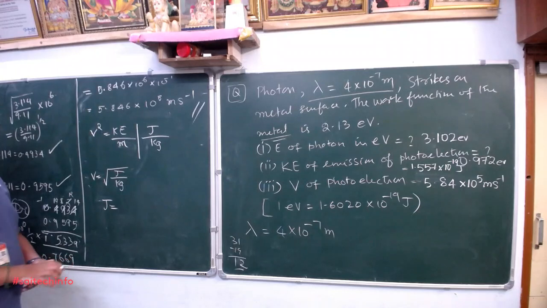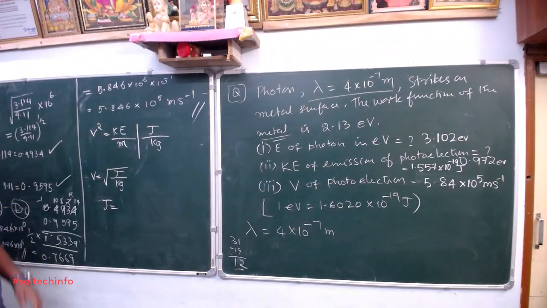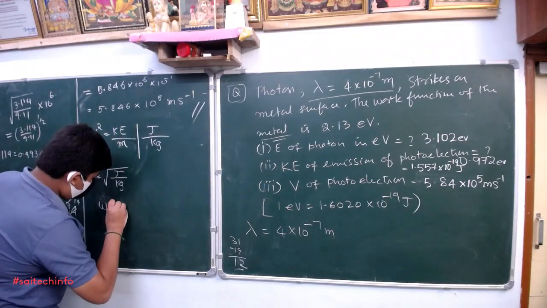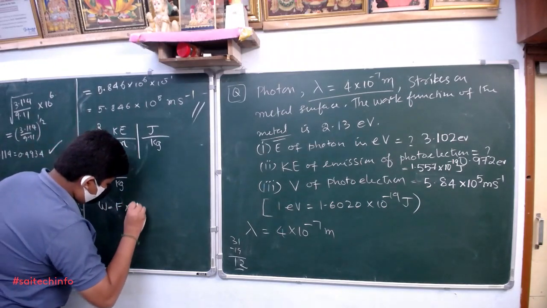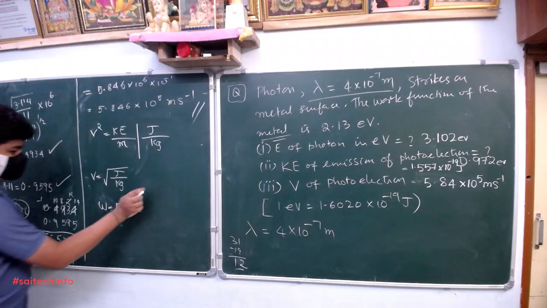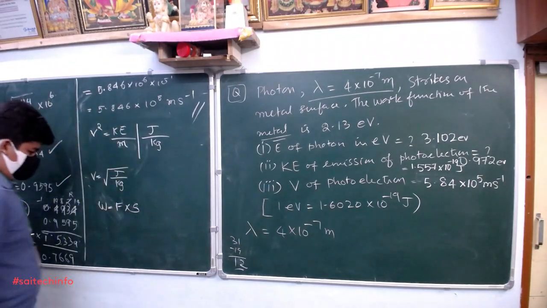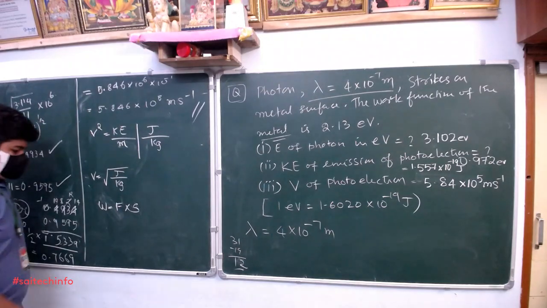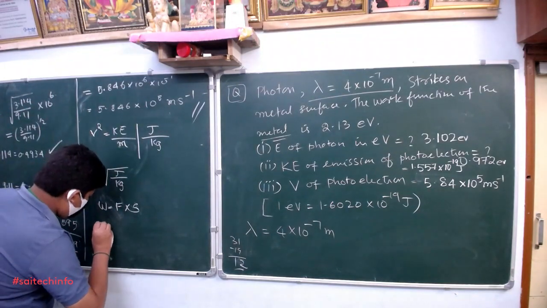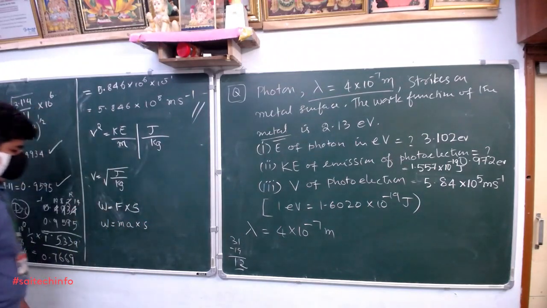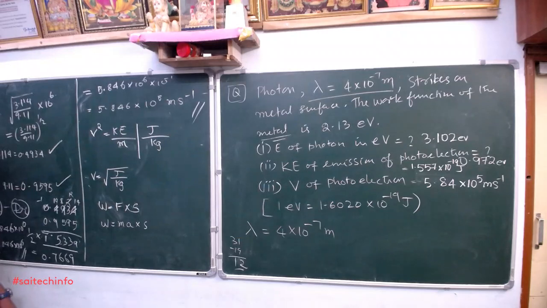So work done means what? Force into displacement. Okay, so work done, W is equal to force into displacement. Right? And displacement is S. And what is force? MA, mass into acceleration. Write down. So W is equal to MA into S, right? So W is given as joule.